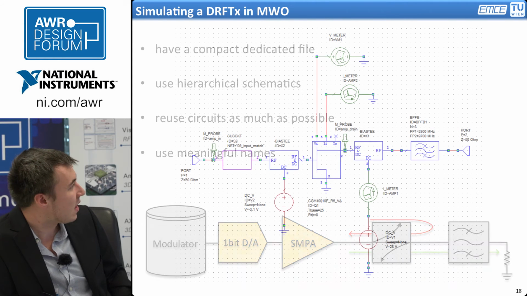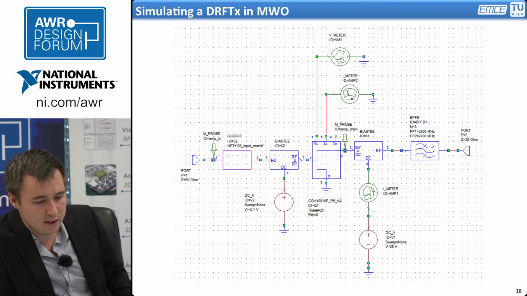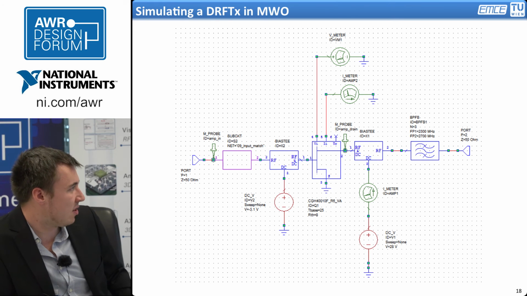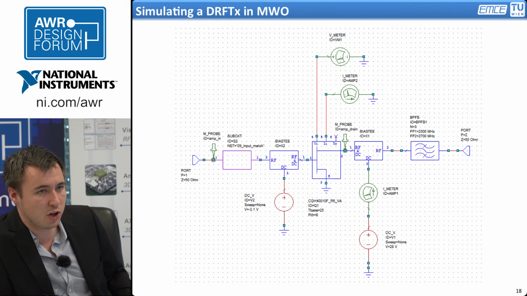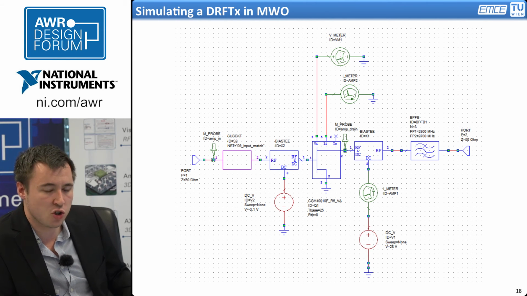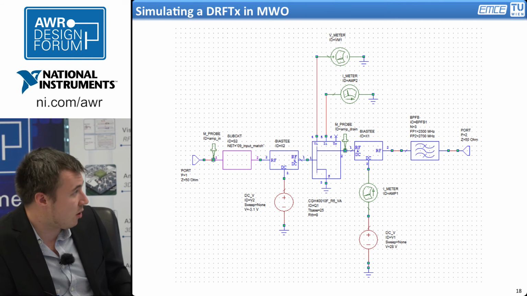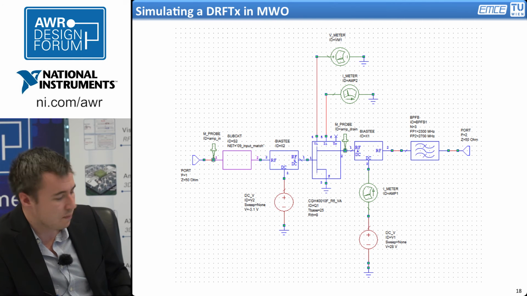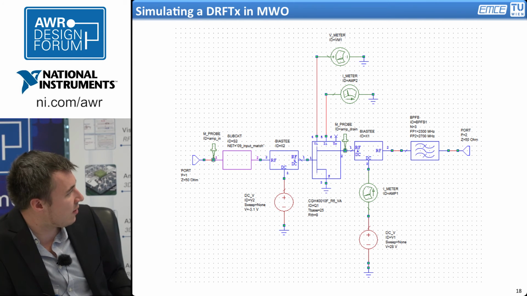So for example, if we take this kind of generic power amplifier circuit and want to manipulate it in some way to do a kind of optimization run or whatever you want to do, it's basically up to the user. We first of all build the circuit and make it work within Microwave Office.